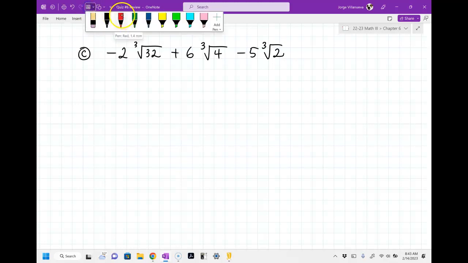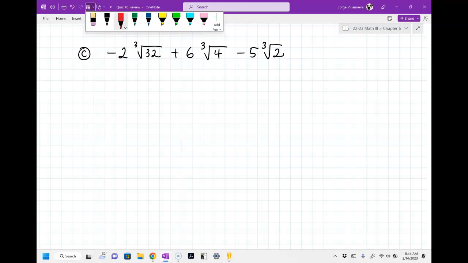So here we go. First thing I'm going to notice is that none of my radicals are the same, so that means I'm going to try to break stuff down immediately. I look at the 32 and I can break that one down.